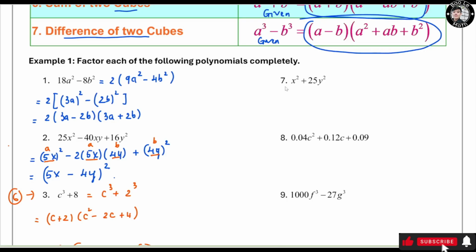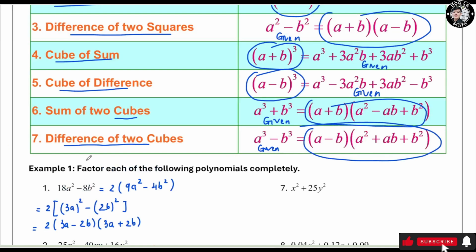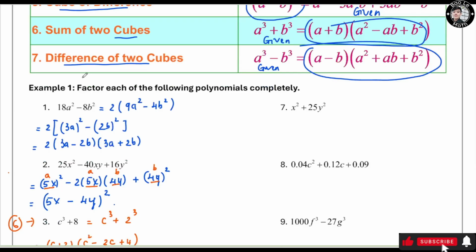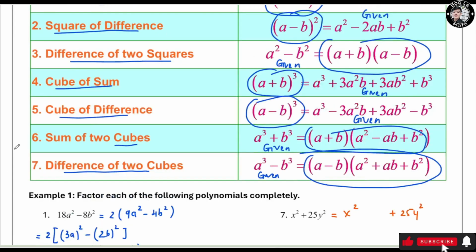Now, number 7. If we look at the 7 formulas right here, none of them applies for this one, right? So we need to manipulate this one a little bit, right? So I have x squared right here plus 25y squared, right?